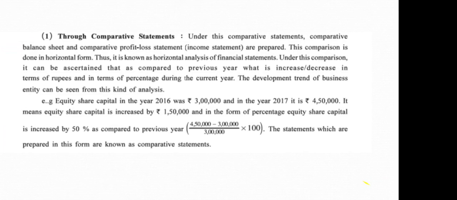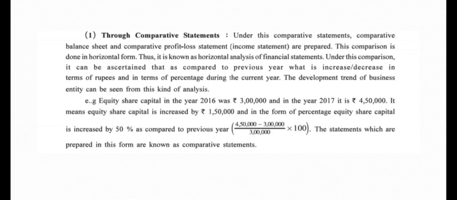See friends, under this comparative statement, comparative balance sheet and comparative profit and loss statement, that is income statements, are prepared. This comparison is done in horizontal form, thus it is known as horizontal analysis of financial statements.